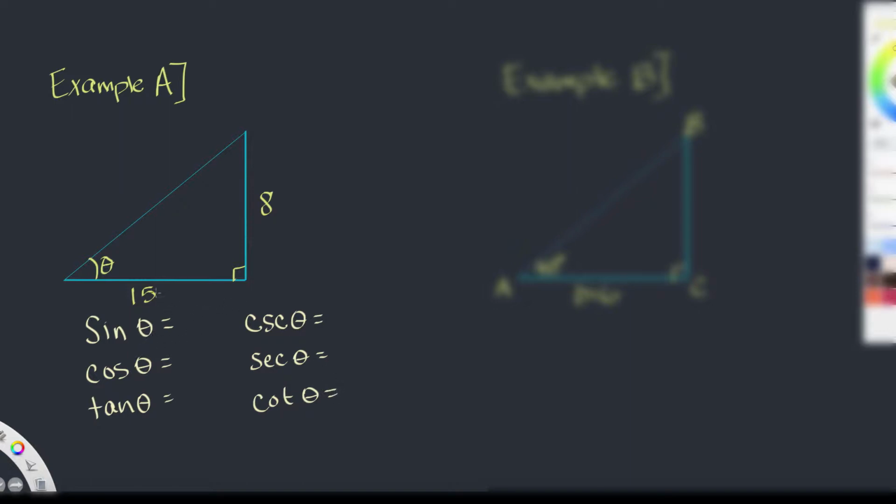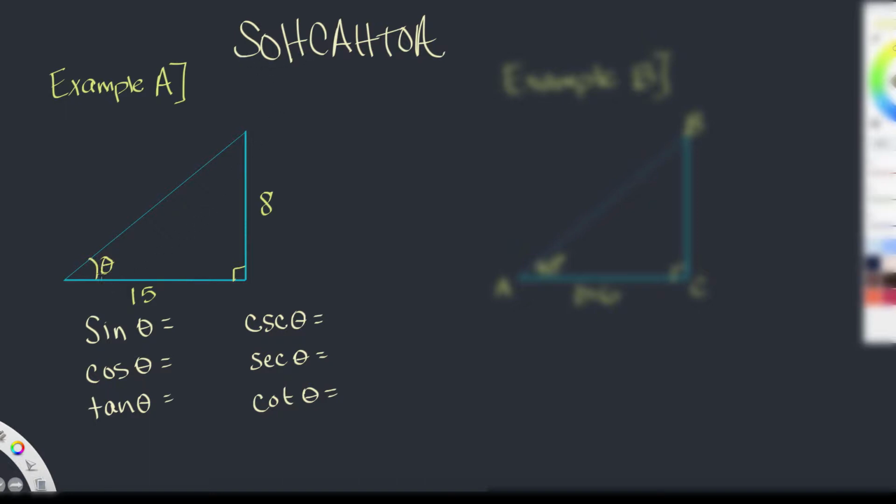Sine, remembering that, again, I'll write SOHCAHTOA up here for us so that we remember. SOHCAHTOA.